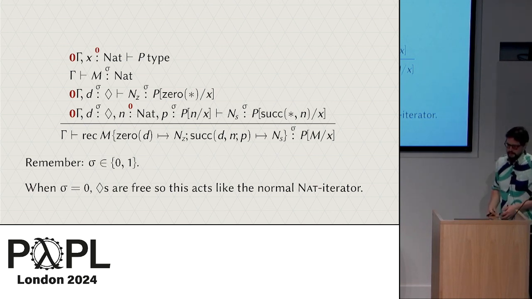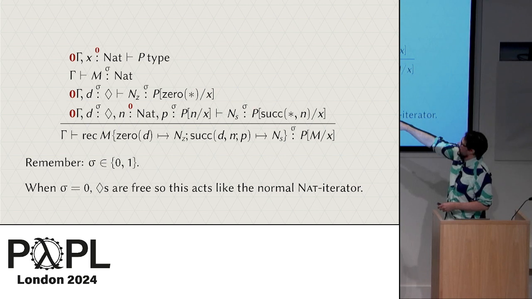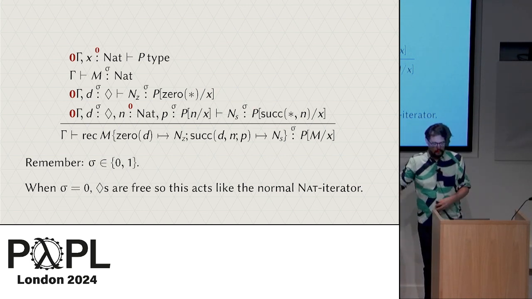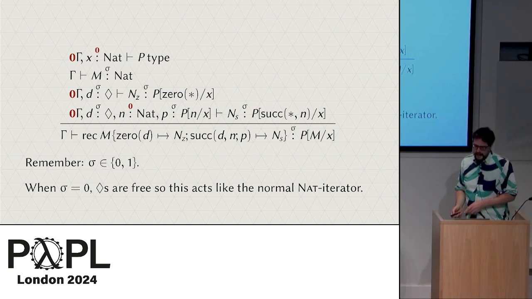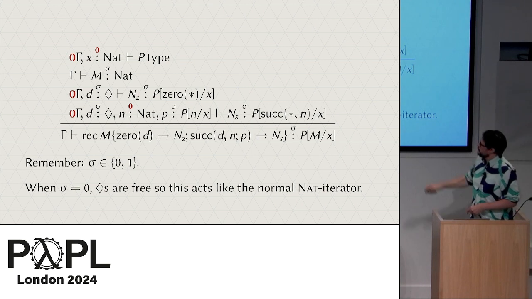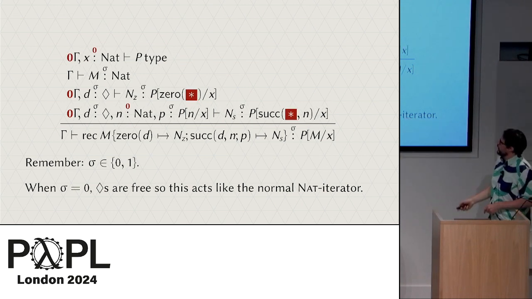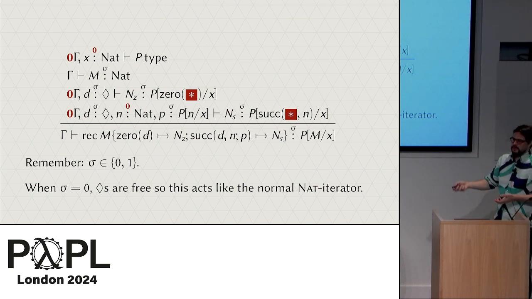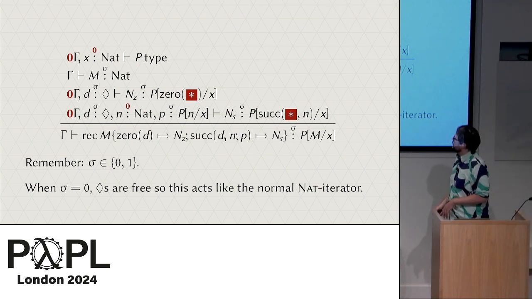So here we need all these extra gammas around to make sure our types are well formed in all the places. And as it's a dependent eliminator, we've got the 0 and the suc substituted in for the x in the type of the sort of induction hypothesis. And as I said, diamonds are free at the type level, so we can just put star in for the diamond values at these points.